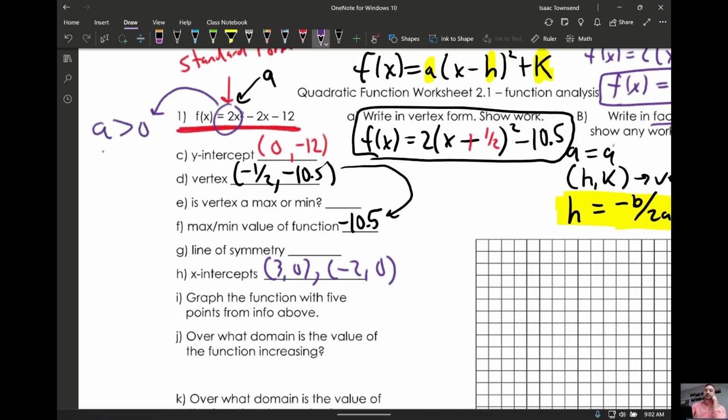When A is positive, that's when your parabola opens up, which means your vertex is a minimum. But if A is negative, your parabola gets reflected over the x-axis and opens down, and then the vertex becomes a maximum. Since A is positive in this question, I know that this is a min. It goes down as far as negative 10.5.